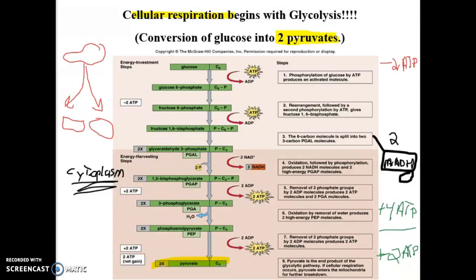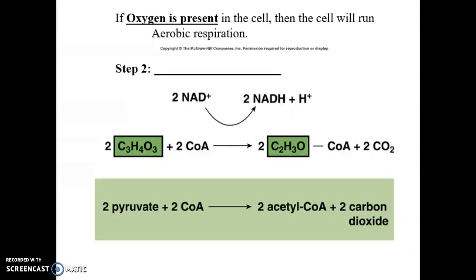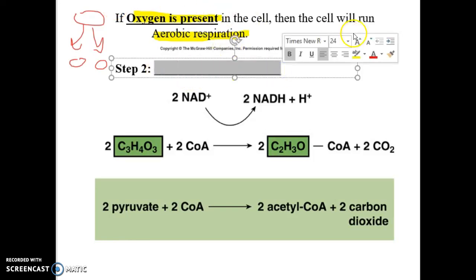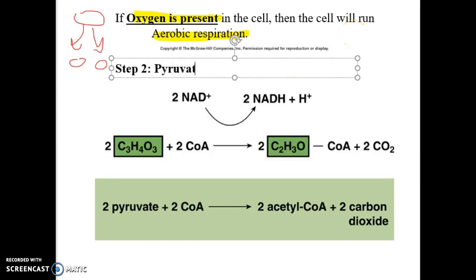All right, so if you just took a big breath and you have enough oxygen, we're now going to go to step 2. So if oxygen is present, we're going to run the aerobic pathway. So remember, we had glucose that got split into these things called pyruvates. Step 2, excuse me, is what we call the pyruvate conversion.